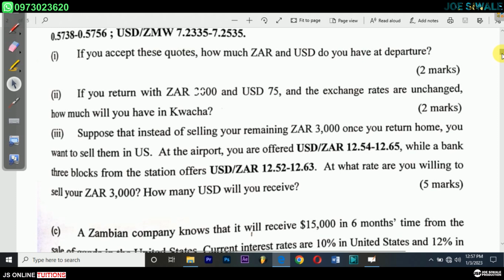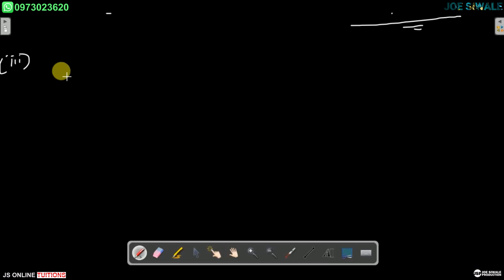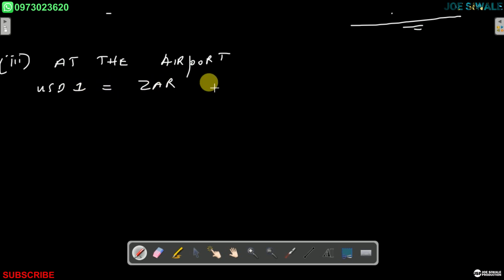So for us to answer this question, we are going to use our bid prices. We are going to find our bid prices in United States dollars, and we are going to choose the answer that gives a high amount. So we're going to start with the first one, at the airport. At the airport, we have been told that $1 is equal to 12.54, and you must take note that we are using the bid prices.